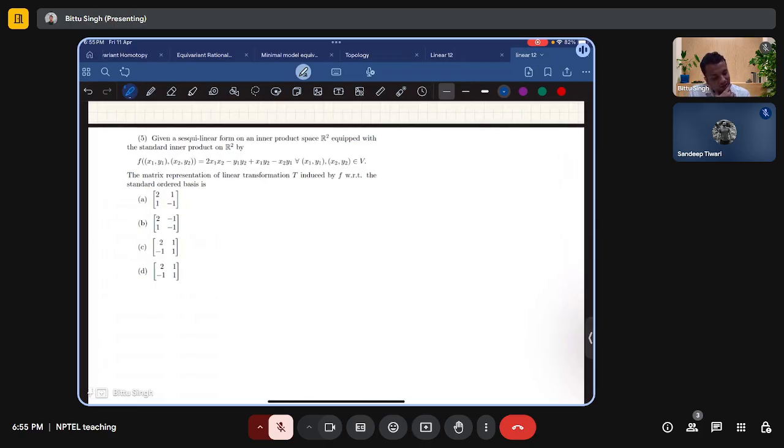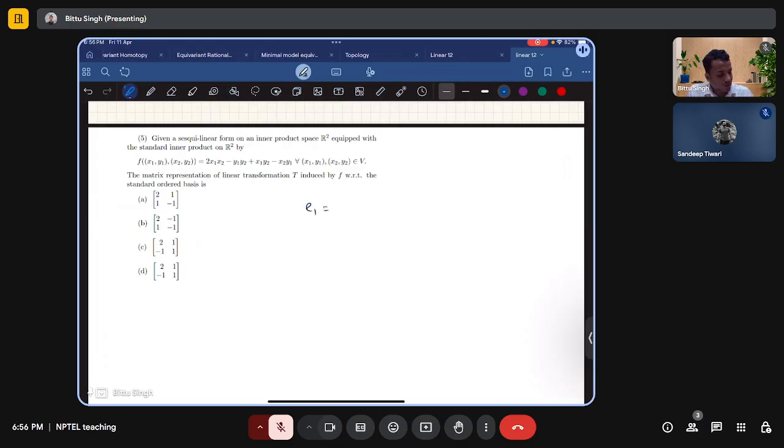Now question number 5 here. The form is given. The explicit formula is written here. Now we need to find the matrix representation of this form. So let us find the matrix representation the way you said. So again, standard basis is under consideration.